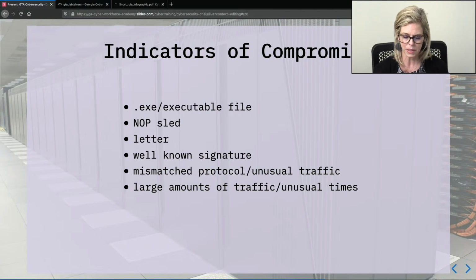If the SMTP application, Simple Mail Transfer Protocol application, is running, it is supposed to run on TCP. So if SMTP shows up being carried by UDP, that is a network anomaly. That is something that is unusual.